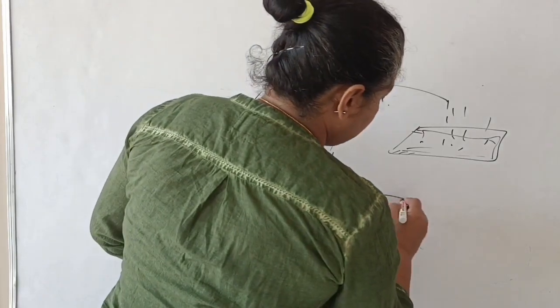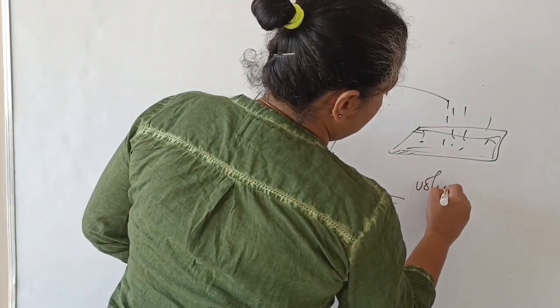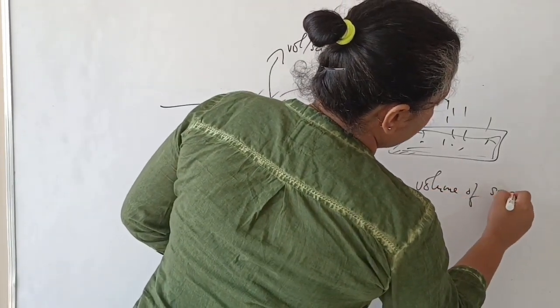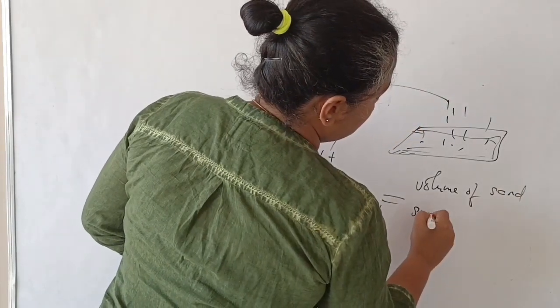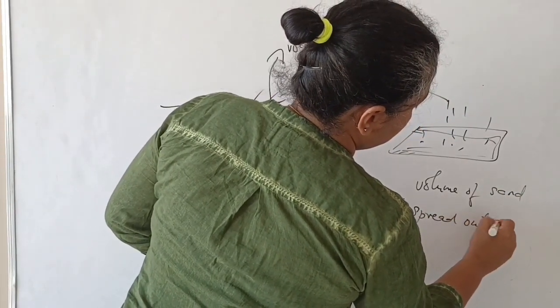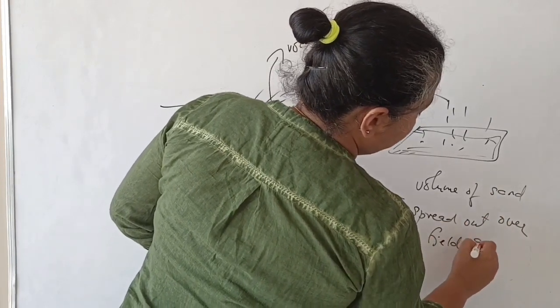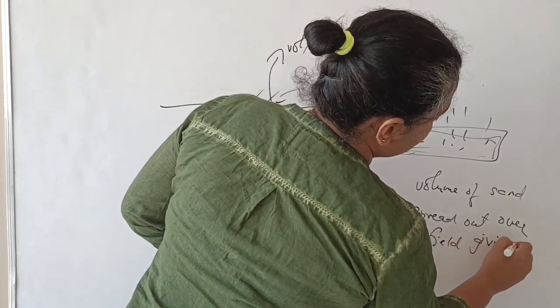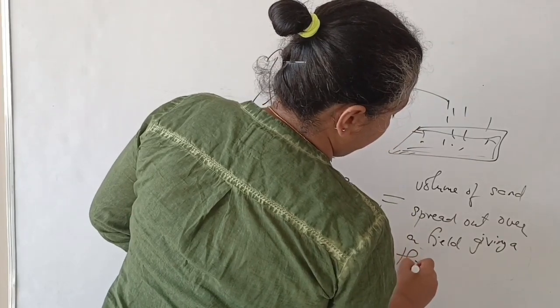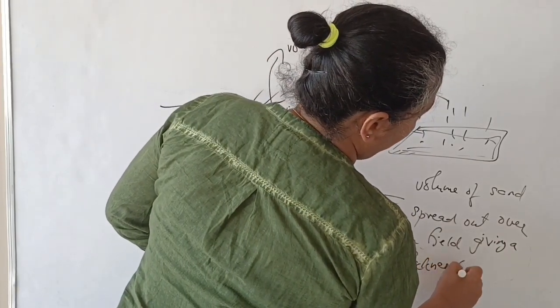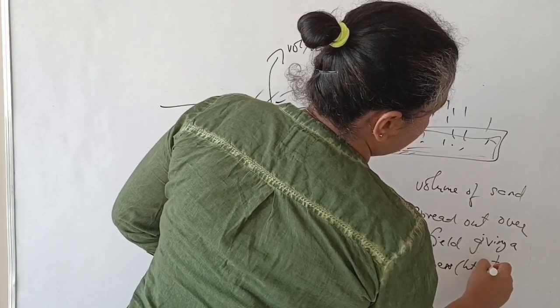Now this is equal to the volume of the sand spread out over a field. It will give a thickness or height T.